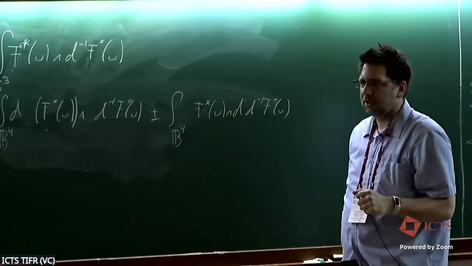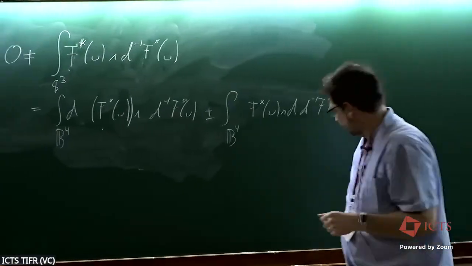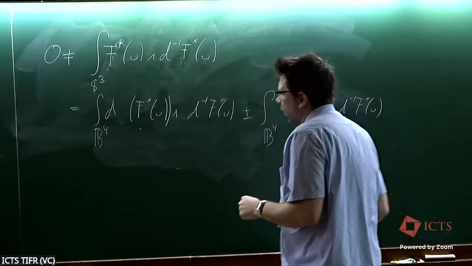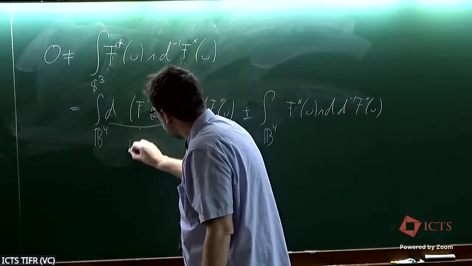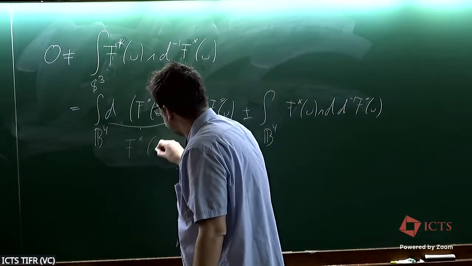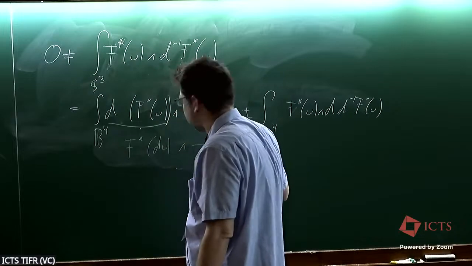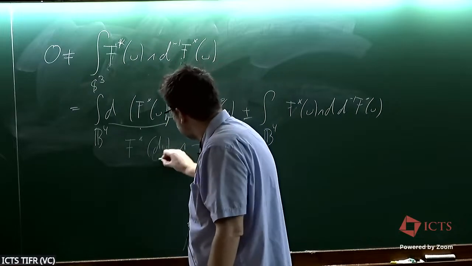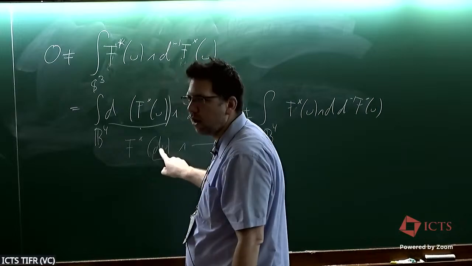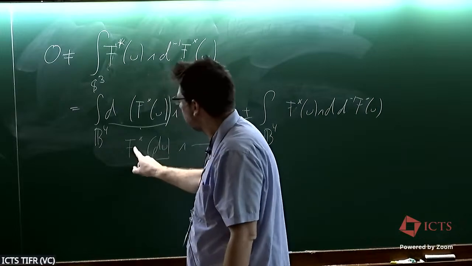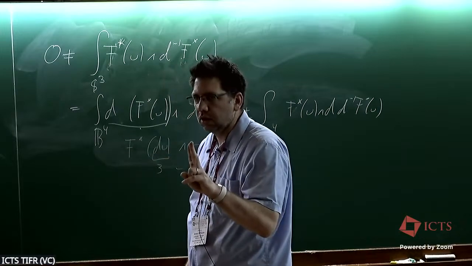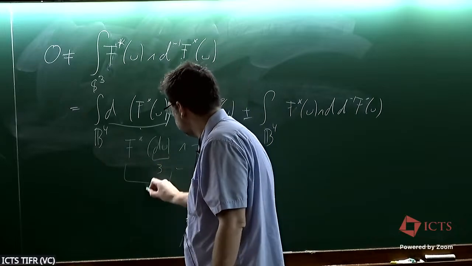Okay? Okay, that's Stokes. And now we see, okay, what do we have here? Here we have, this is F star of D omega, wedge something. This was a 2 form, this is a 3 form. We assumed the rank is 2, right? So this here is 0.